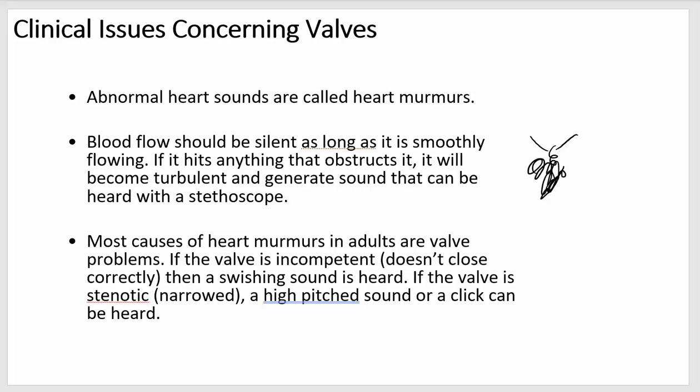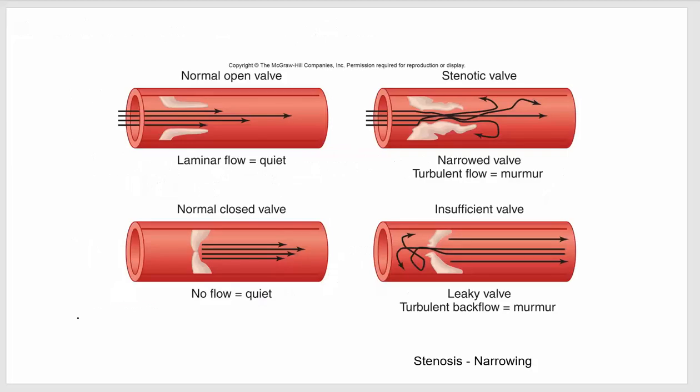Sometimes if the valve doesn't close right and you have regurgitation, where some blood flows backwards for a second, we can hear that as a murmur. Most causes of heart murmurs in adults are valve problems. If the valve is incompetent and doesn't close correctly, you'll hear a swishing sound. If the valve is stenotic or narrowed, a high-pitched sound or a click can be heard. So you can hear all kinds of weird sounds in hearts.